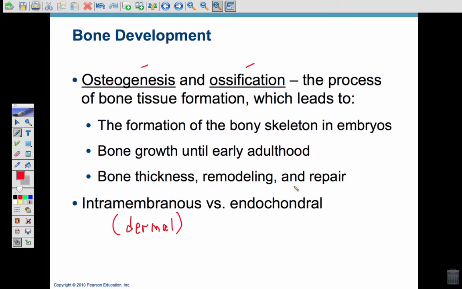And of course there's also the ability to repair injured or broken bones as well, that many of us are aware of from various kinds of injuries.